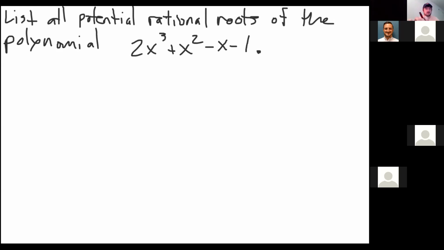I've got it up there on Zoom now. That is our question. List all potential roots of the polynomial 2x cubed plus x squared minus x minus 1.